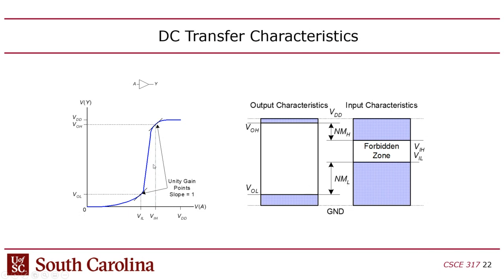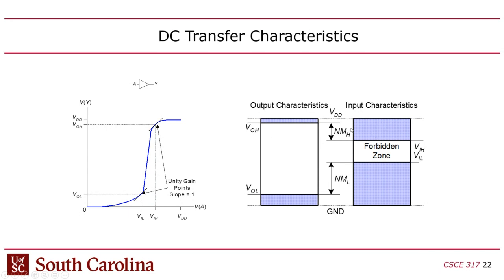Because there's a difference between what constitutes a 0 on the input versus the output, you can tolerate noise on the wires between gates. If one gate is driving another, you can tolerate some noise there as long as it's within the difference between the output and input thresholds for 0, and likewise for 1.